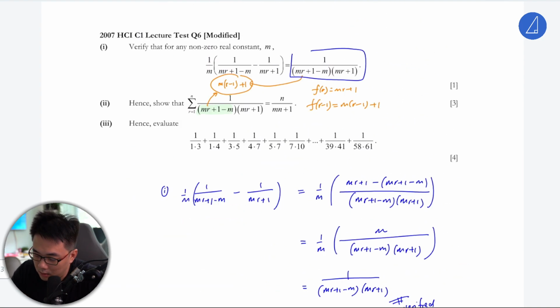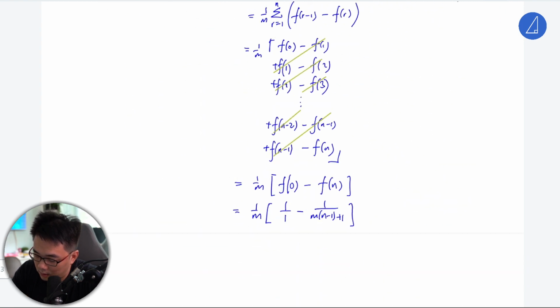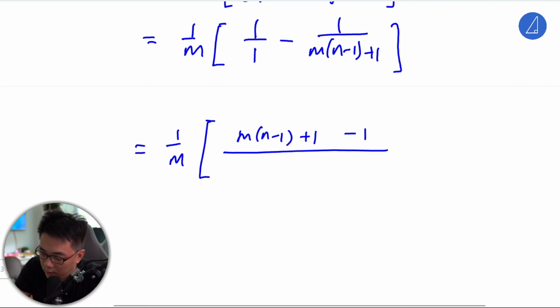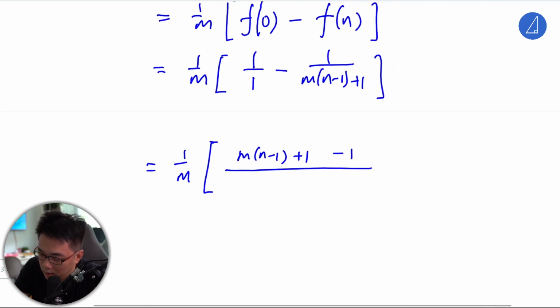Okay, it's what asks us to show. Okay, great. So now I'm just gonna make this as a single fraction. So that will be (mn + 1 - 1) over (mn + 1).